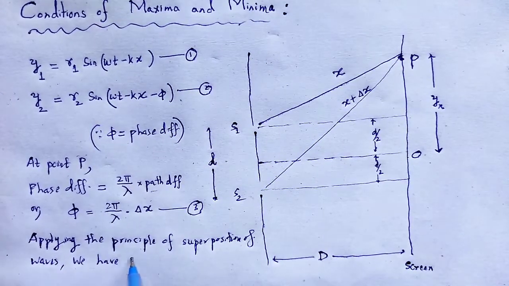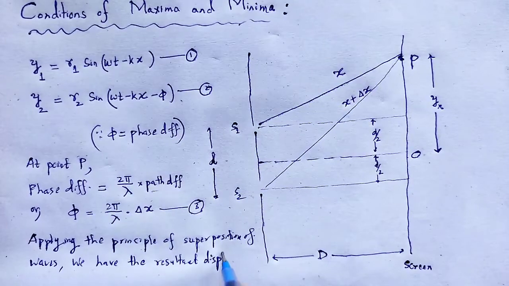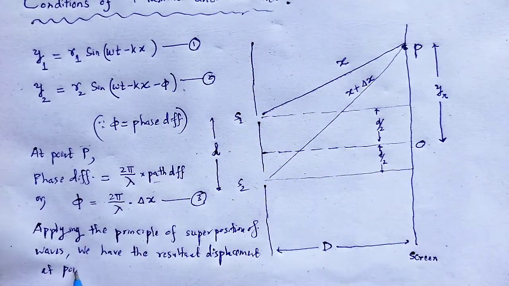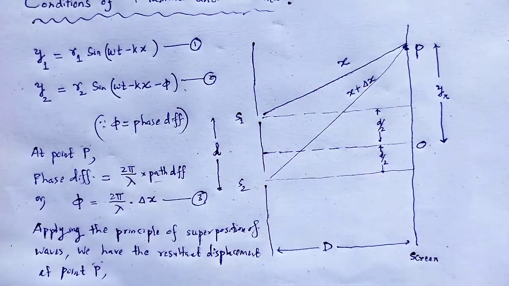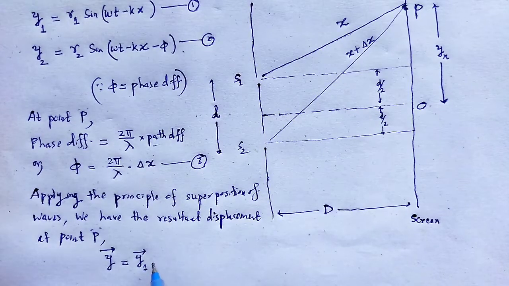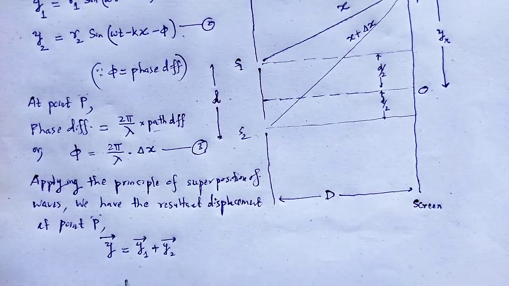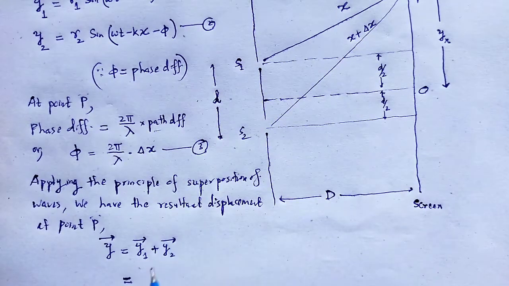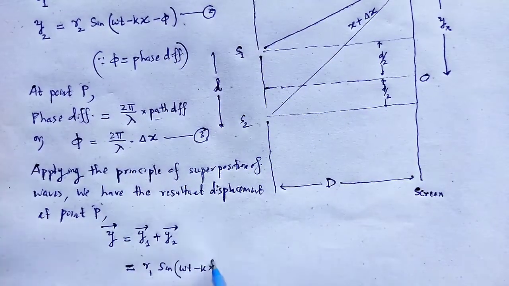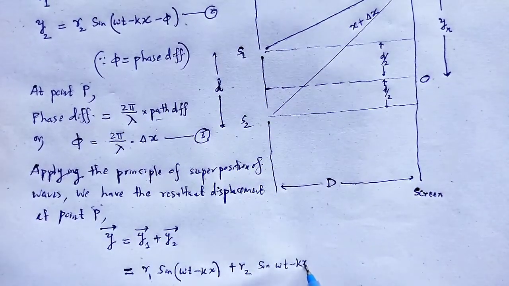We have the resultant displacement at point P, that is y is equal to y1 plus y2, the resultant displacement at point P, which is equal to R1 sin(omega t minus kx) plus R2 sin(omega t minus kx minus phi).